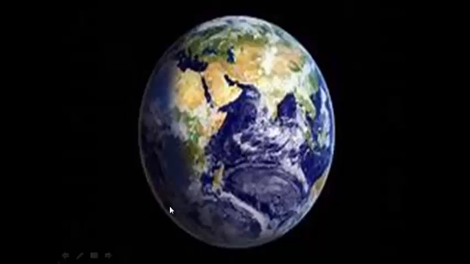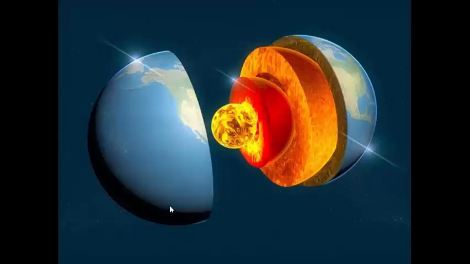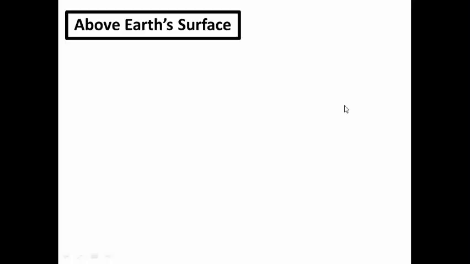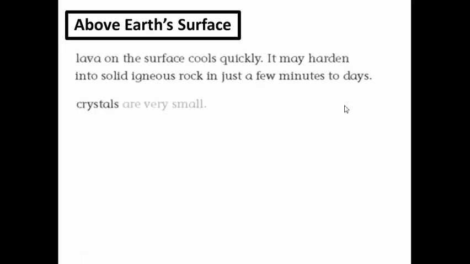And after that, we mentioned above the earth's surface and below the earth's surface. Above the earth's surface, we said lava can cool quickly, and you can reverse everything below the earth's surface.